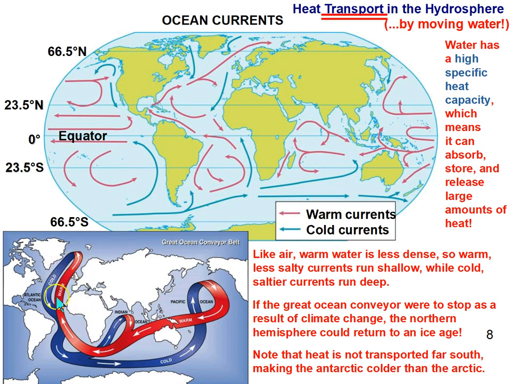Warm water is no longer being delivered to the northern hemisphere, and that throws the Earth instantly into an ice age, according to that movie. Now, of course, they exaggerate the effects and how quickly it would happen, but that's the idea and the importance of the Great Ocean Conveyor and heat being transported around the Earth by water.